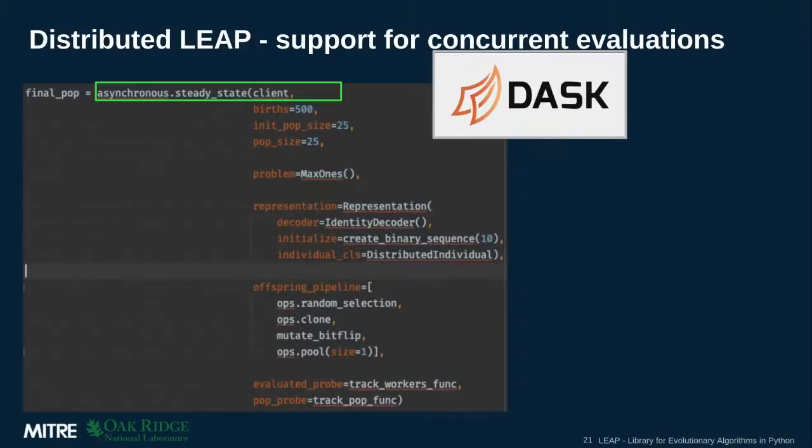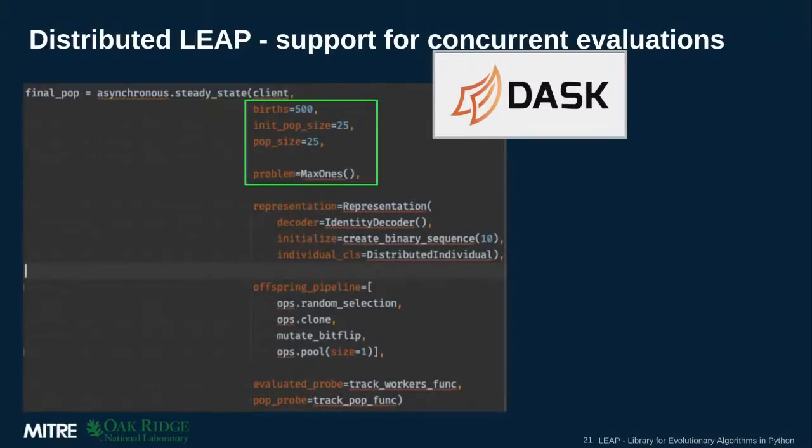We rely on Dask to actually farm out and distribute the evaluations. What's nice about Dask is it scales. It can do the evaluations in parallel on your laptop all the way up to the Summit supercomputer. And LEAP doesn't care. It's completely agnostic. It's going to treat it the same way whether you run it on your laptop or whether you run it on Summit.